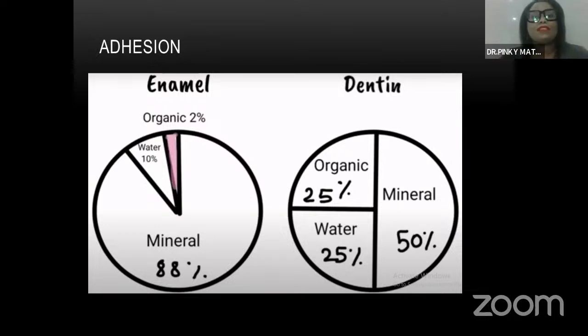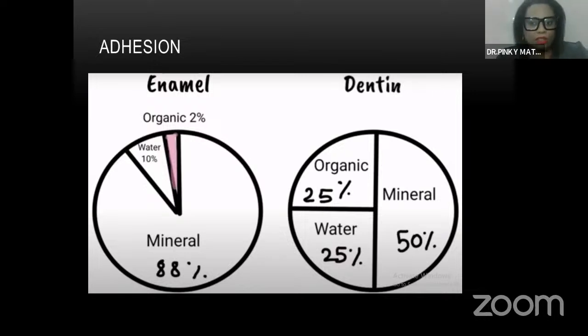Or, for example, the cervical areas of any tooth where the enamel is really thin and you have to give a margin there. The enamel in the cervical area is as thin as 0.3 to 0.5, and while preparing those margins you might just end up chipping off the enamel and entering into the dentine, even in microns.